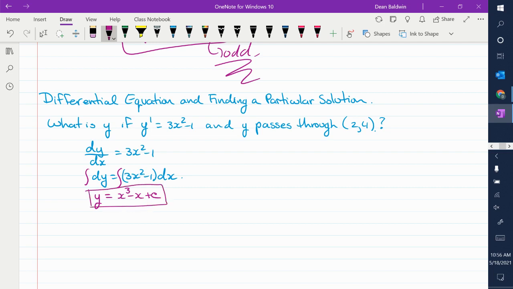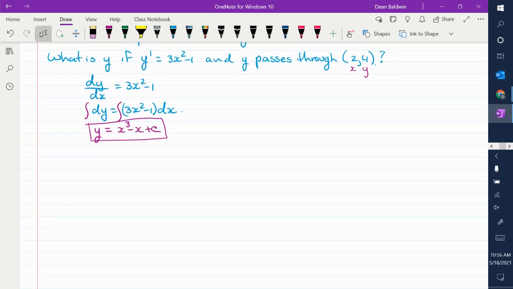However, we have an extra piece of information. They tell us that this equation passes through this point, (2, 4), which is our x and our y values. So we can solve for c in this case. Okay, so if I plug those in, I go 4 is equal to 2 cubed minus 2 plus c.